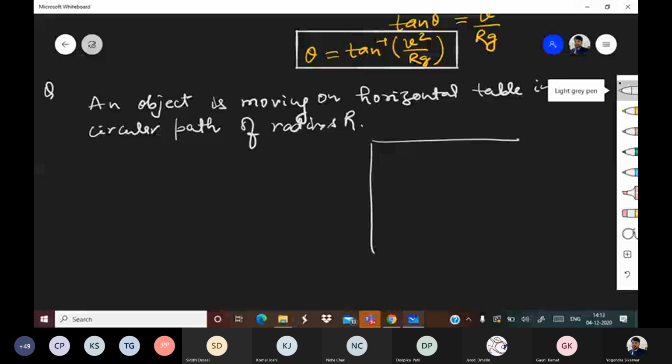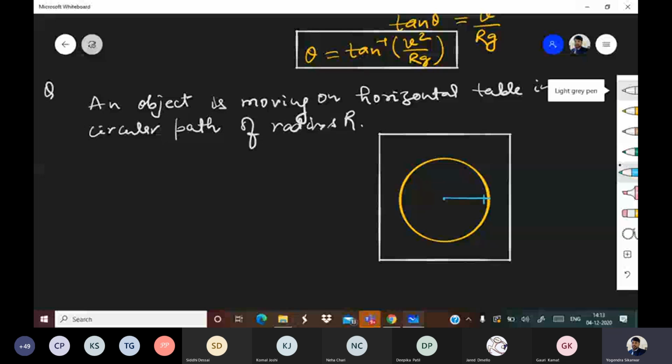This is the object. So mass of object is small m. This is center C. This is a string and radius is r.